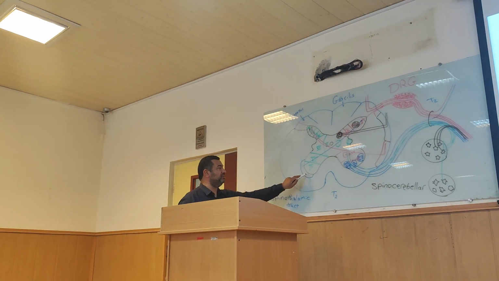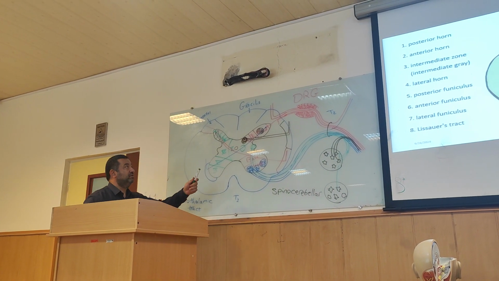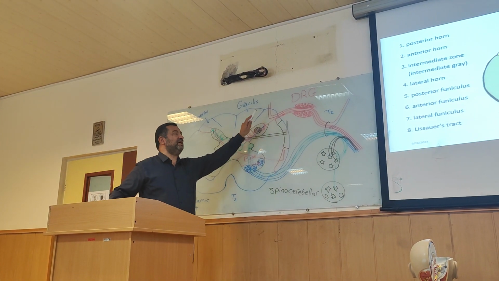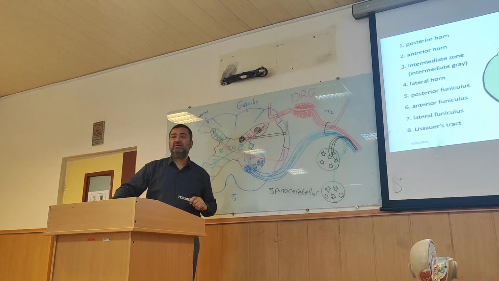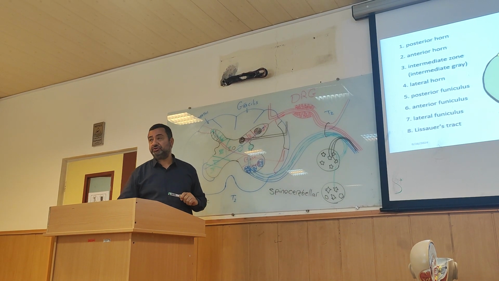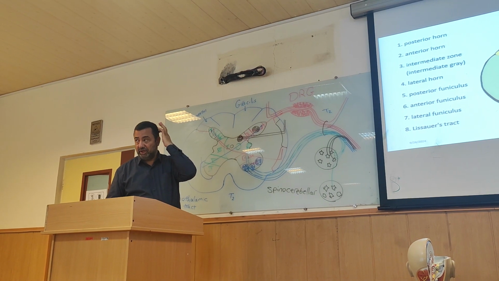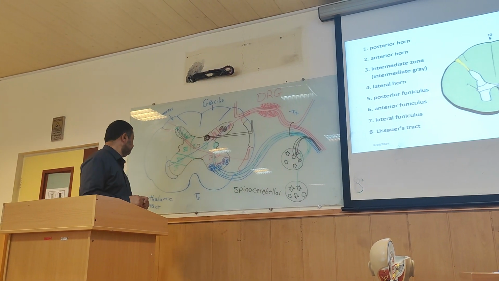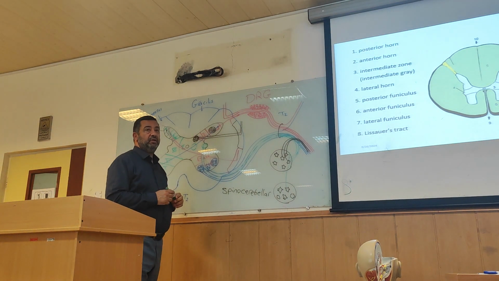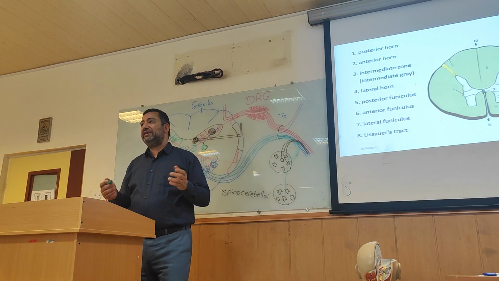Anterior spinothalamic tract is for light touch. And fasciculus gracilis and fasciculus cuneatus are for discriminative touch, fine touch. Is it clear? Lateral spinothalamic tract is for pain and temperature.